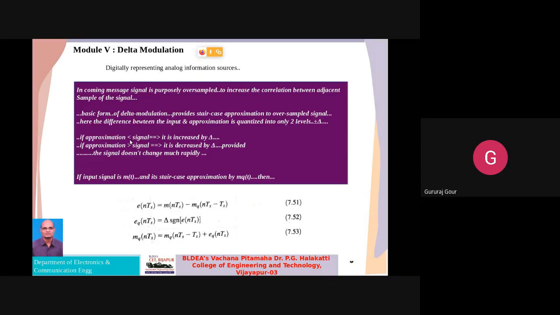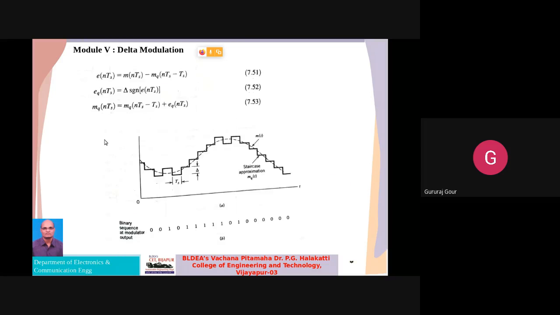So how are we going to decide plus delta and minus delta? Here it is clearly visible. If the approximation, that is the staircase, is more than the signal level, then for this pulse we represent it by plus delta, that is represented by 1.